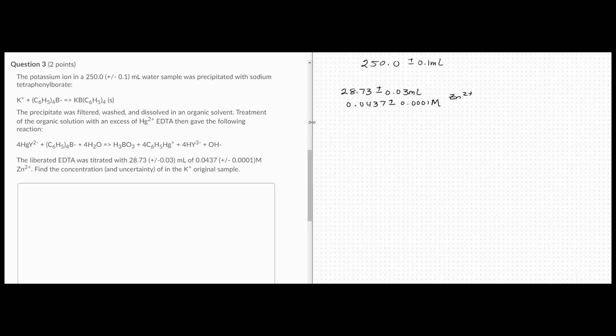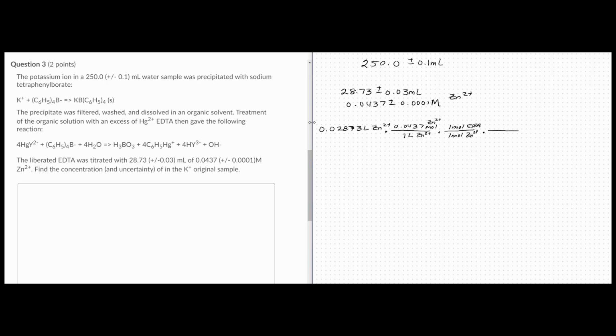So we're going to start with the volume of our zinc. 0.02873 liters of zinc, and I'm going to multiply that by its concentration, 0.0437 moles of zinc per liter of zinc. And I know that 1 mole of zinc will react with 1 mole of EDTA.